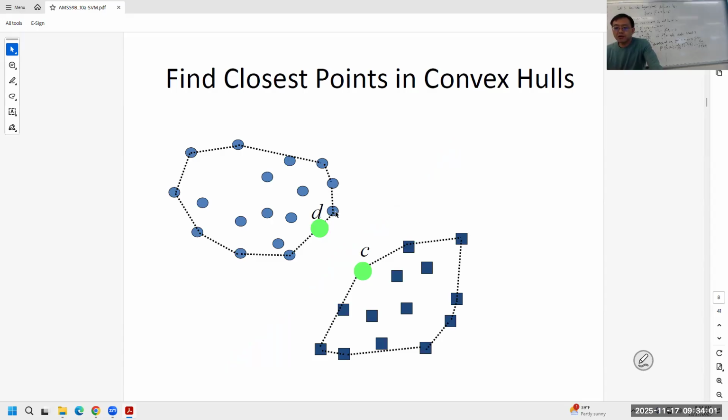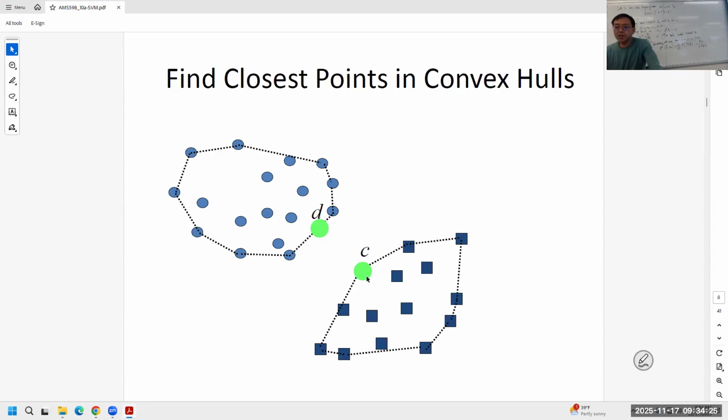Then you find two points that are closest to each other from these two convex hulls, and you draw a line in between, like from C to D. Then at the middle point, you draw another line, perpendicular to this CD vector.